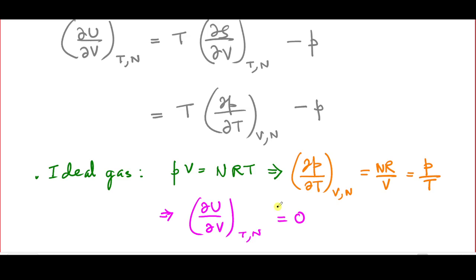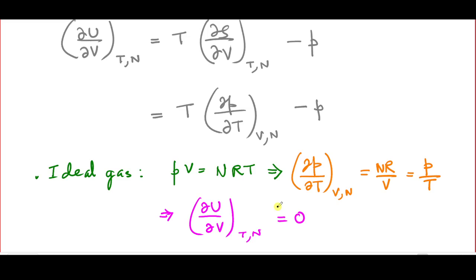And there being no potential energy involved here, no interaction between the molecules, changing the volume does not change the internal energy at all, as long as the temperature, which is a measure of how fast the molecules are moving, is held fixed. So once again, thermodynamics allows you to understand this even without knowing what is going on inside microscopically. Of course, a microscopic theory may or may not be more satisfying depending on your point of view.